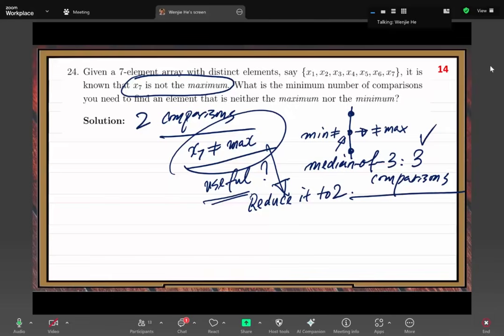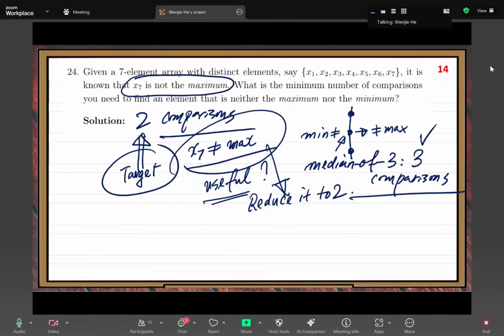But if it's useful, then we can do better than 3. That's the logic. So when you solve it, you need to target 2. That's your target, 2.